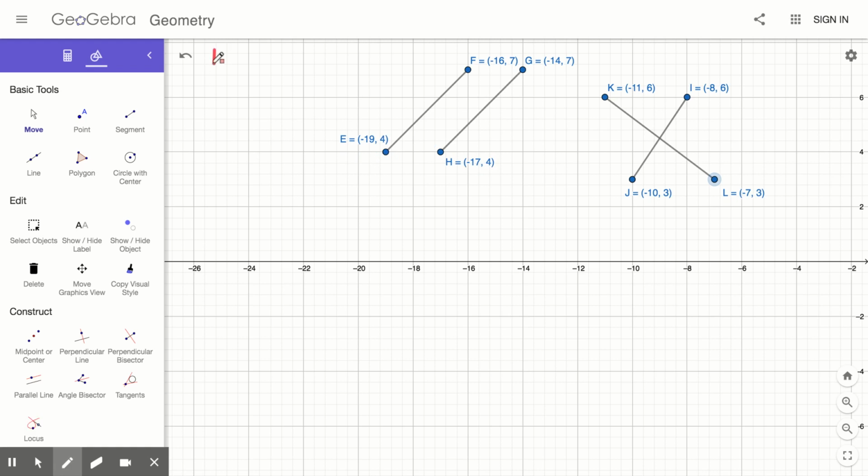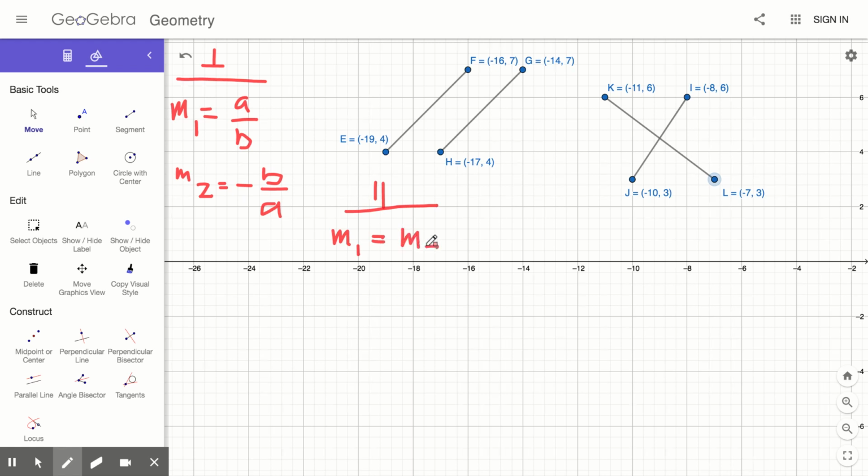So, for perpendicular lines, that means slope 1 is equal to A over B. Slope 2 is equal to negative B over A, right? Now, if they're parallel, that means they're equal. So if we have parallel lines, that means slope 1 is equal to slope 2, right? And we find the slopes by just using the coordinate points, right?